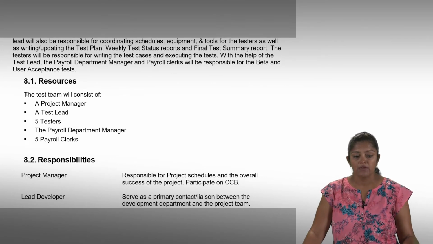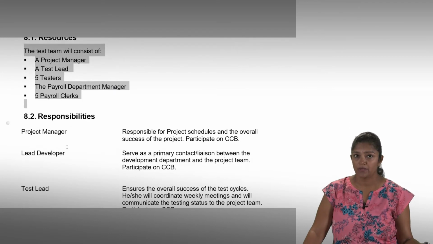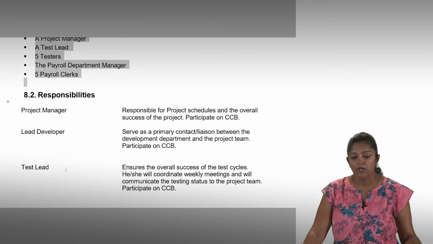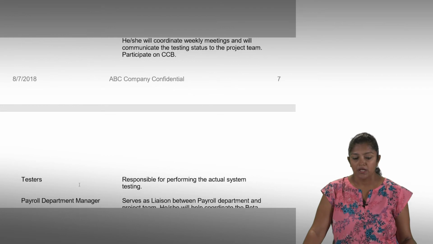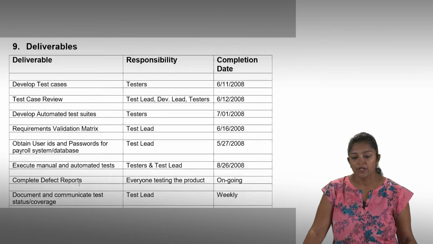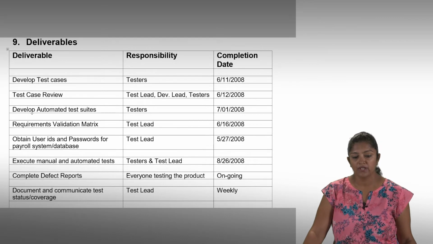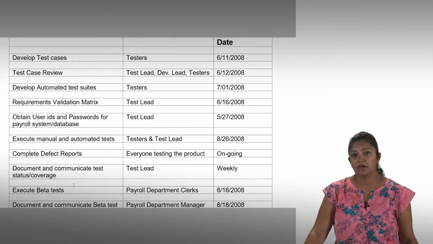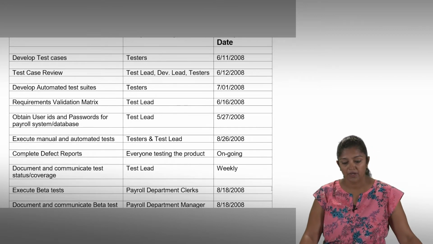Then there's resources and responsibilities. So that's where we list out what are the resources available, who is that test team, what are the responsibilities, and who's going to be doing what. So those details are specified. Then there is a deliverables section wherein the detailed deliverables and who's responsible for it and the completion date are listed out.